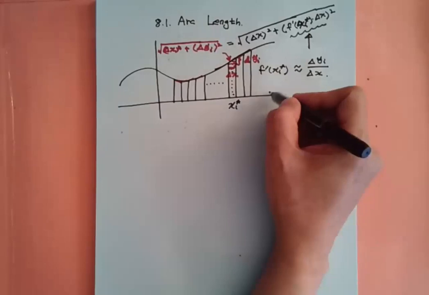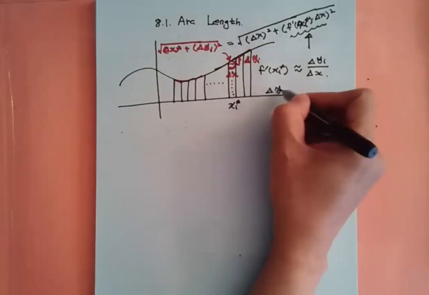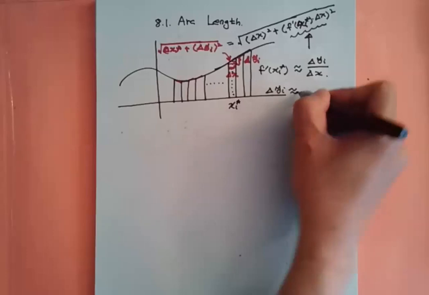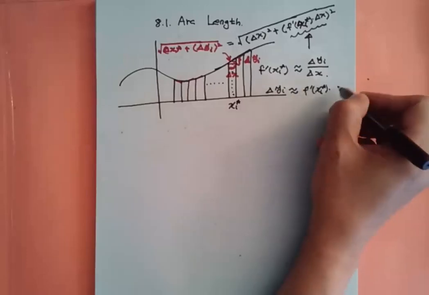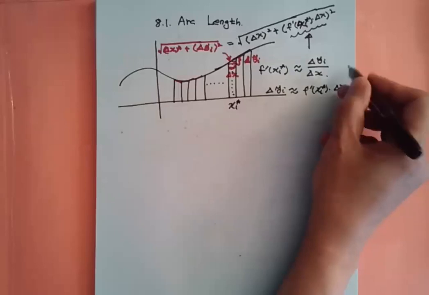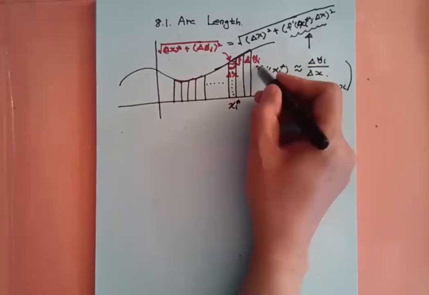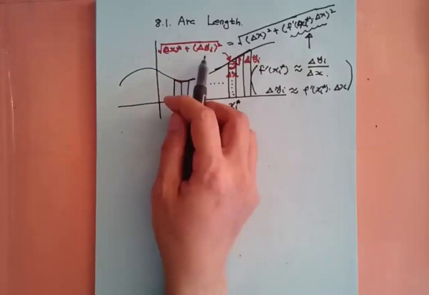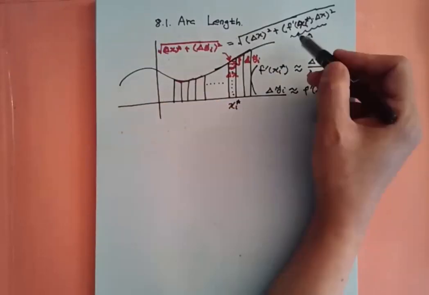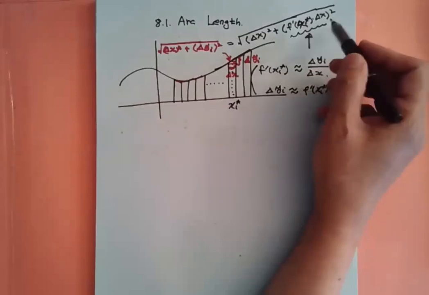So delta yi is approximately f prime of xi star times delta x. So instead of delta y, I am writing f prime xi star times delta x.